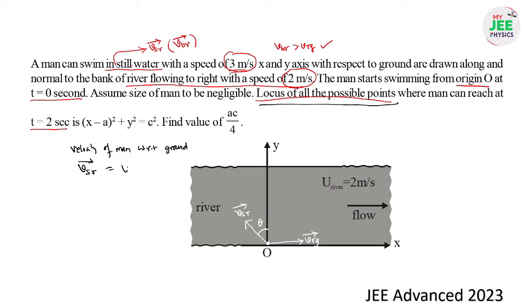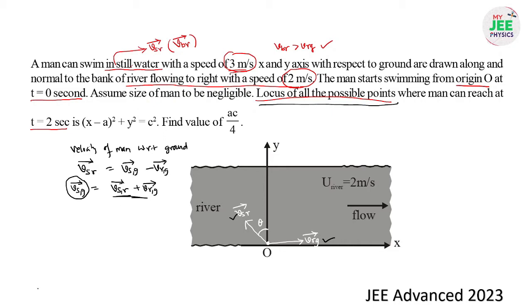The direct formula: velocity of swimmer with respect to ground minus velocity of river with respect to ground. Then the velocity of the swimmer with respect to ground is equal to velocity of the swimmer with respect to river plus velocity of river with respect to ground. This means the resultant of these two velocities will be the velocity of the swimmer with respect to ground.